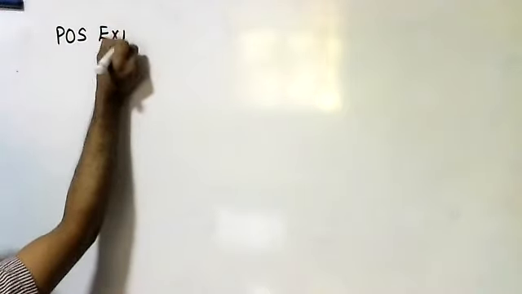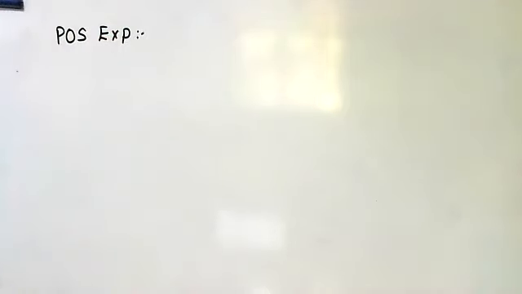For the given POS expression, first of all we have to find the max terms. We already found the max terms by using the truth table. By multiplying those max terms, we can get the POS, product of sums, term.